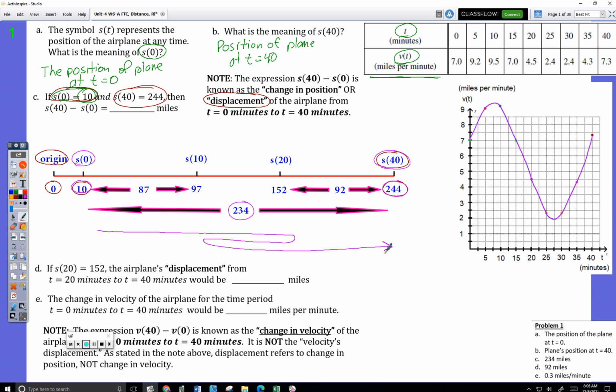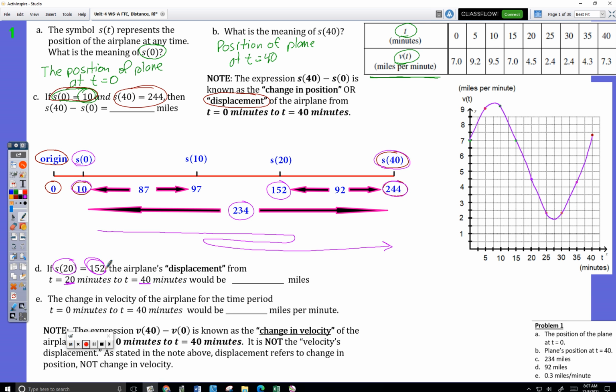Item D just gives another example. It says if the plane's position at minute 20 is 152, so that's here. Then it says what's the displacement between time equal 20 and time equal 40. Really simple idea.